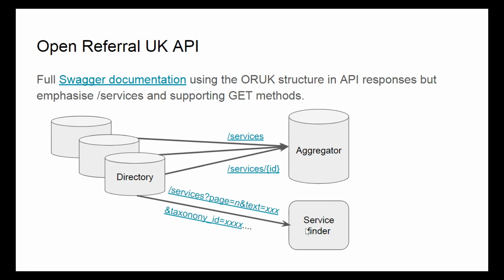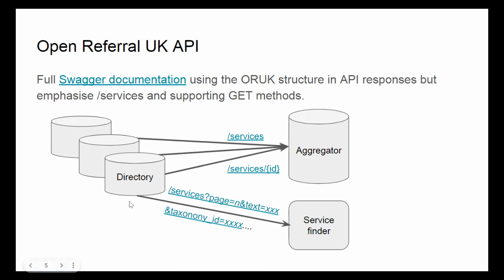Now, if you come onto a service finder, and we've got quite a few service finders which are just JavaScript, they have no database of their own because they rely entirely on the queries that are run by the service directories that feed them. So this is a sample call to the Bristol services directory that says, get me services.